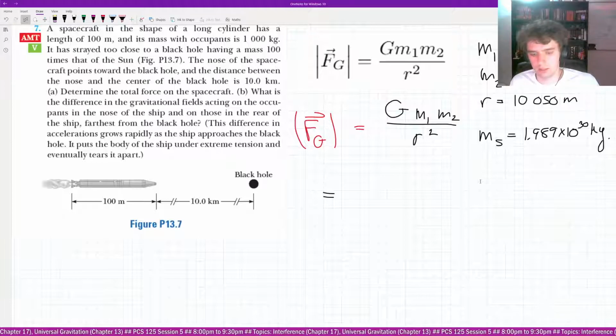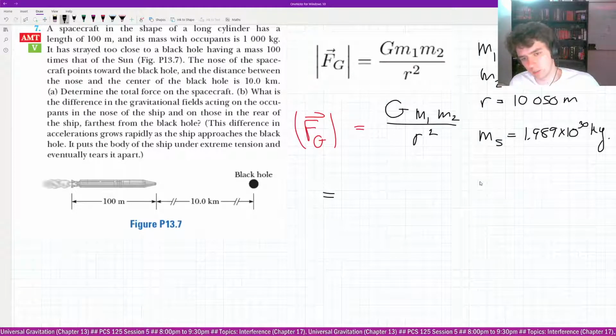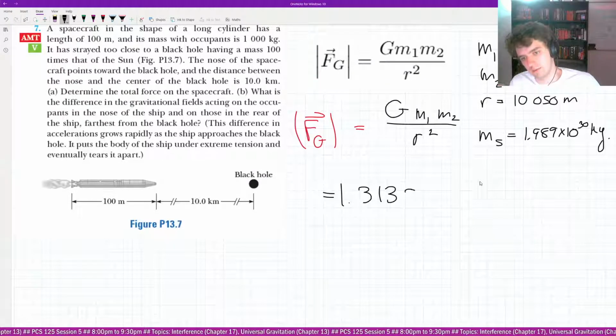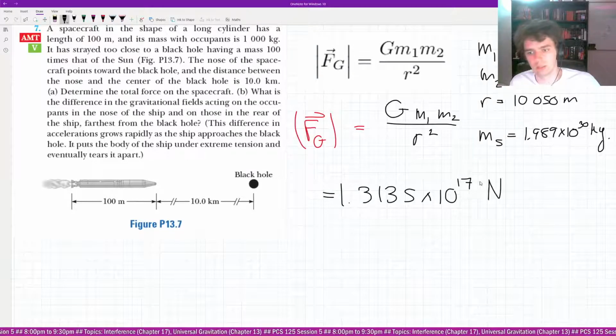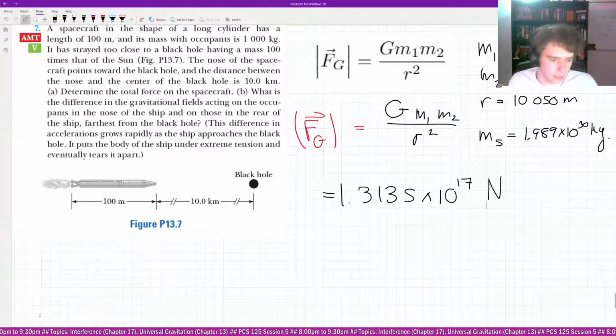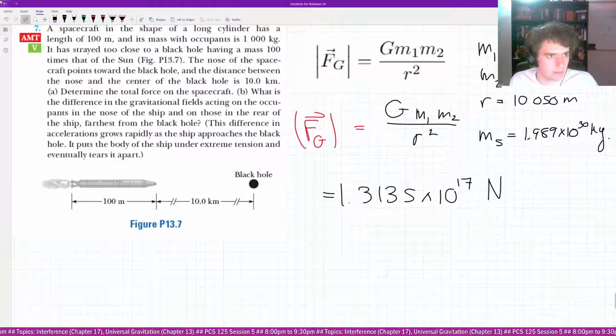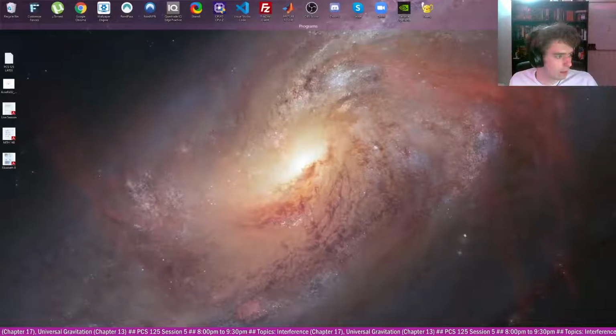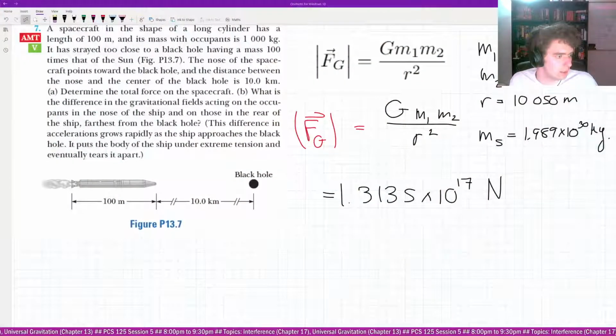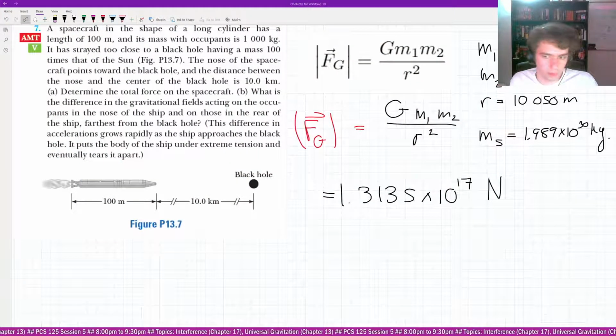Okay, I got the force is 1.3135 times 10 to the 17 newtons. And let's take a look if that is, yeah, we have the answers for this one. So number 7. 1.31.